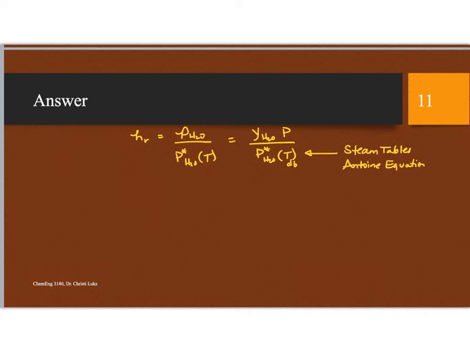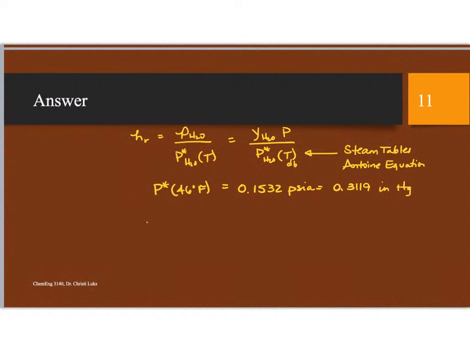At 46 degrees Fahrenheit, I found that this is 0.1532 psia, or 0.3119 inches of mercury.